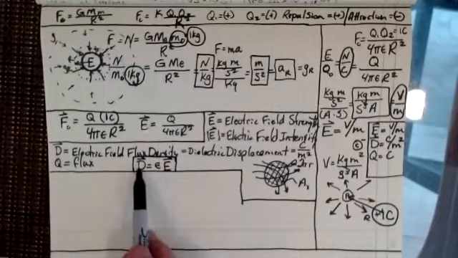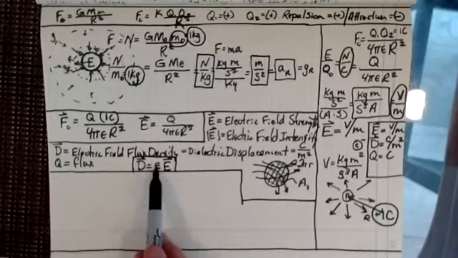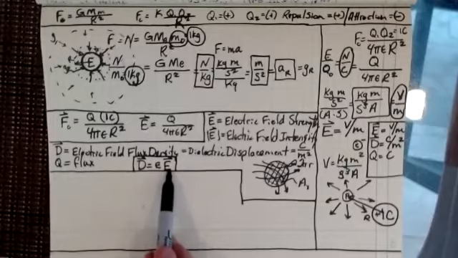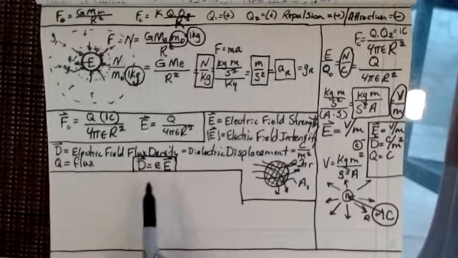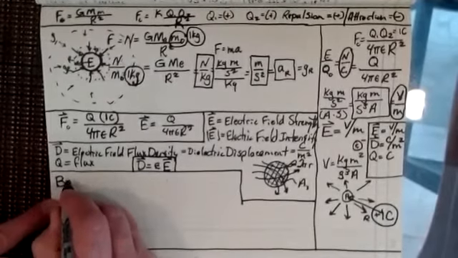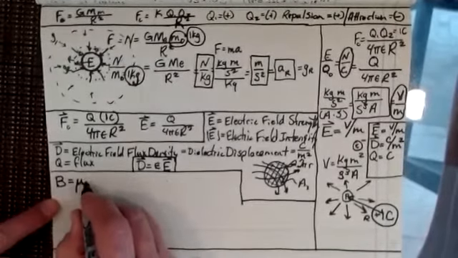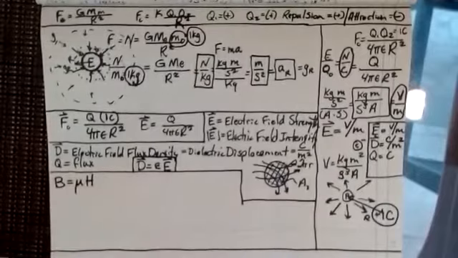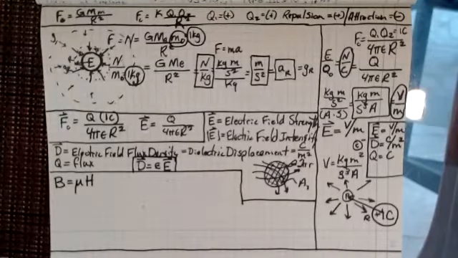And you're probably all saying, well, of course, that's B equals mu H, very similar to that when you were doing motors and controls, the magnetization curve.